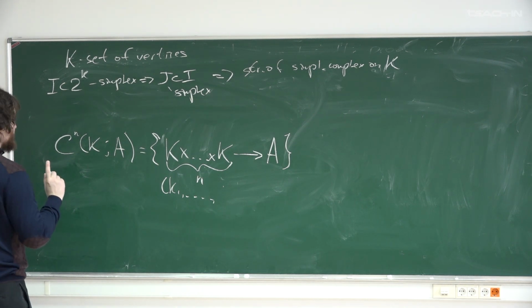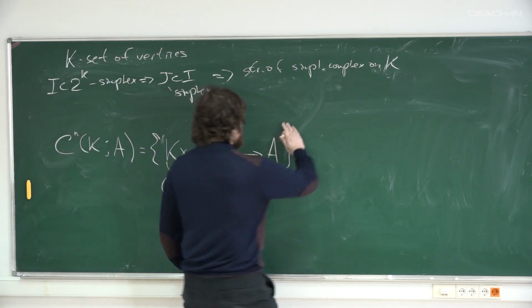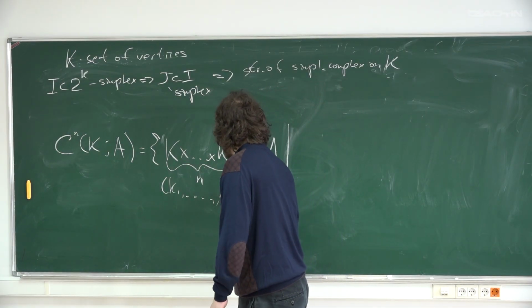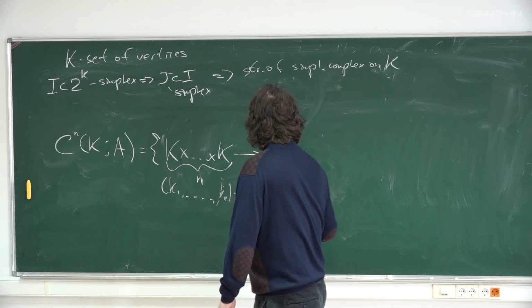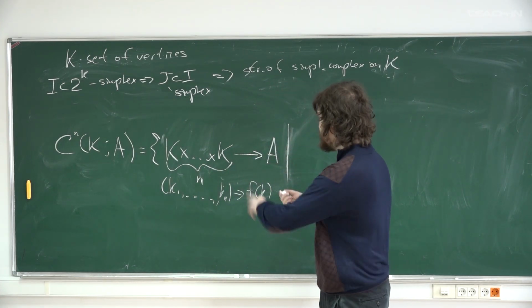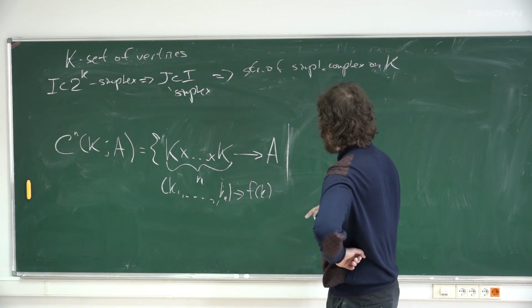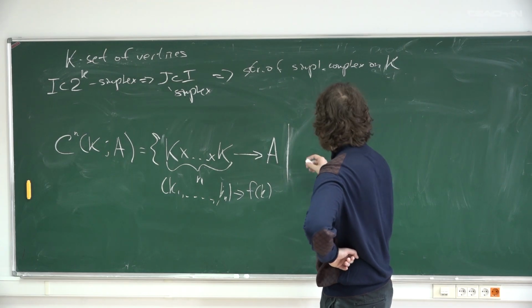But we will consider skew-symmetric functions f of k, with the property that if I permute these vertices, then the value will differ by the sign of the permutation.